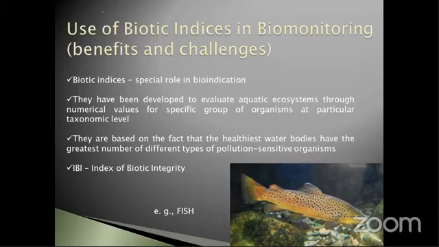And all this story with the use of these indices started with one group of organisms, the fishes, in 1981 by Karr, who designed the index of biotic integrity and applied it especially for fishes with the following parameters: taxonomy, trophic position, reproductive behavior, and tolerance of certain taxa.